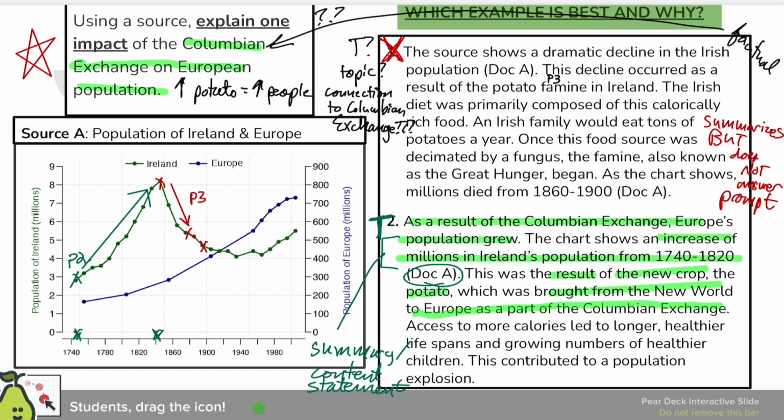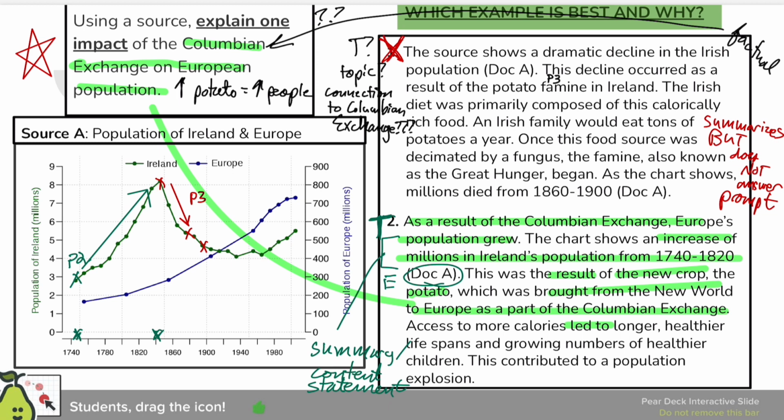So they're taking a document from period 3 and they're using it to answer a question about period 2. An effect was the increase in Ireland's population. How or why? A new crop from the New World that came from the Columbian exchange. "Access to more calories led to longer, healthier lifespans and growing numbers of healthier children.